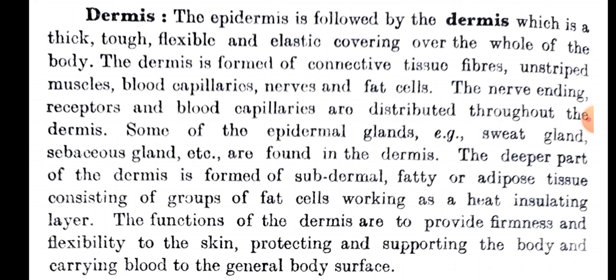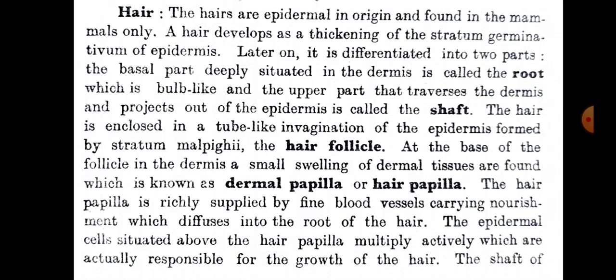The functions of the dermis are to provide firmness and flexibility to the skin, protecting and supporting the body and carrying blood to the general body surface. Hairs are epidermal in origin and found in the mammals only.